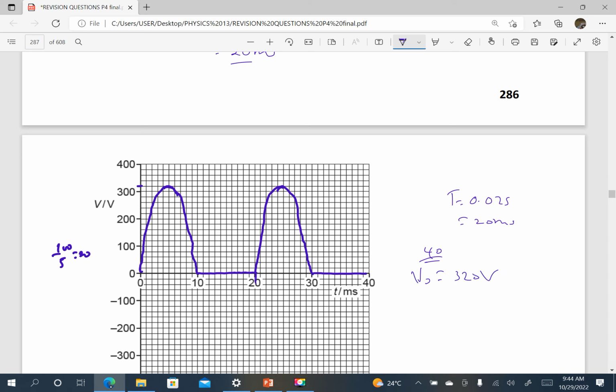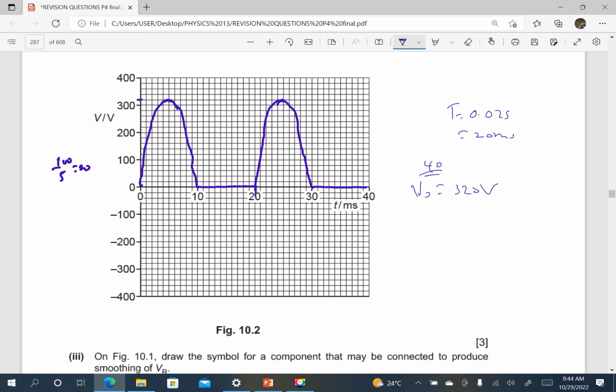The peaks should be at 320 volts, and we shall not have the second half cycles. Alternatively, we would draw these peaks only on the negative part, not on the positive, because we cannot have both at the same time.